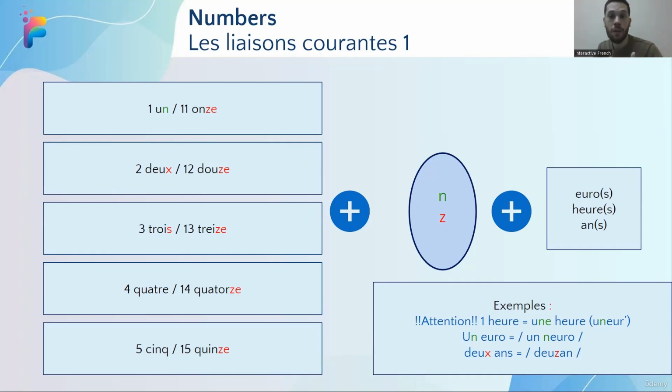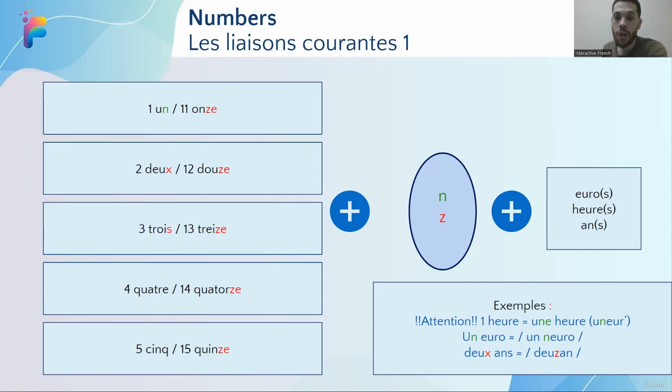So that's how it would be for the number one, or any number that ends with un. If you say 21 euros, you would also have that liaison going on. Now, for a lot of numbers, you would have a z sound. For instance, for the 2, the 3, 11, 12, 13, 14, 15, everything in red here, you would have a z sound.